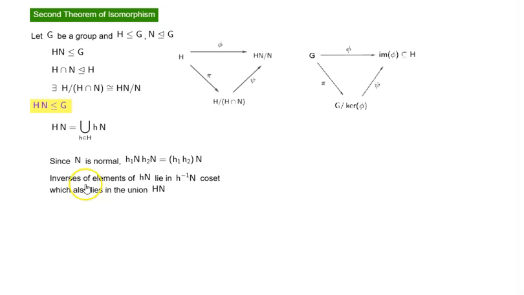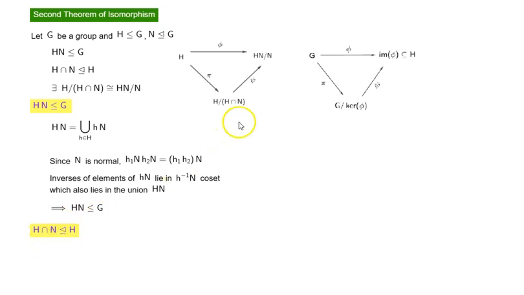And inverse of elements of HN lie in the h inverse N coset, which also lies in the union hN. The product of the elements lies in the union of hN, and inverses also lie in the union of hN, which implies HN is a subgroup of G.